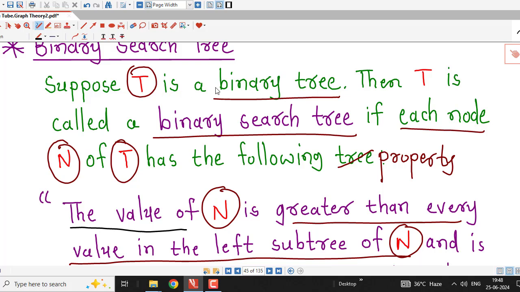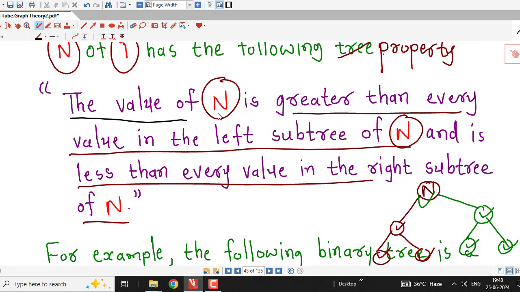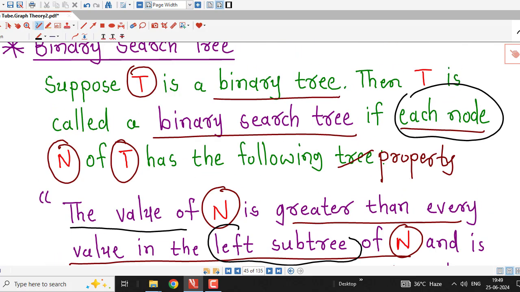Suppose we have some binary tree denoted by capital T, then T is called a binary search tree if every vertex capital N of T has the following property: the value of node n is greater than every value in the left subtree of n, and the value of node n is less than every value in the right subtree of n, and this must be true for every node.